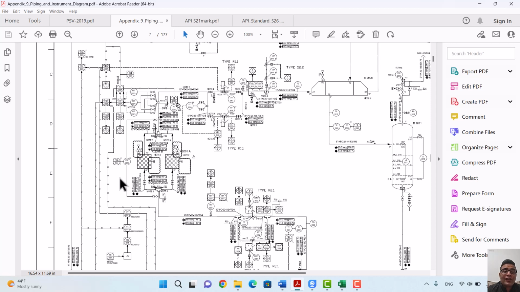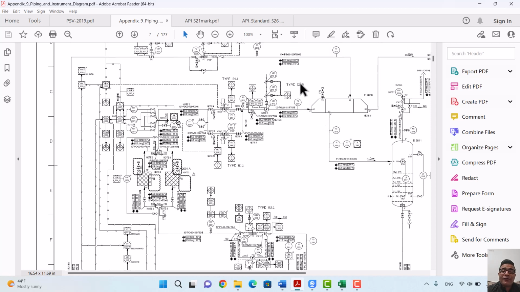So here it is filtered, then it is preheated to the specific temperature, and in these shell and tube exchangers, the oxygen is preheated with high pressure steam, and the high pressure steam, after exchanging its heat with the oxygen, is condensed.